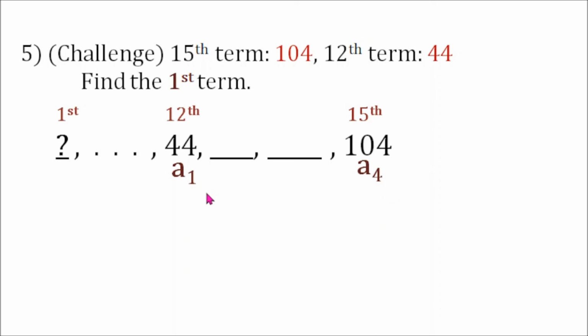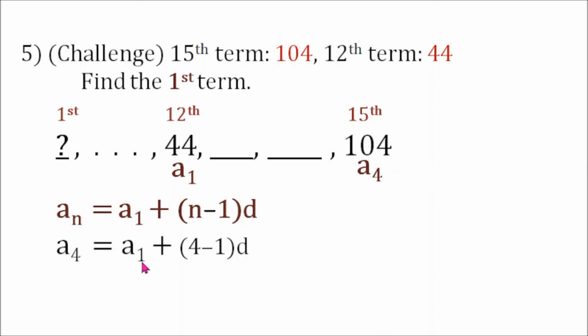Now we can use our formula to find the common difference. So a sub n equals a sub 1 plus the quantity n minus 1 times d. So we have a sub 4 equals a sub 1 plus 4 minus 1 times d. And our a sub 1 is 44, and our a sub 4 is 104.